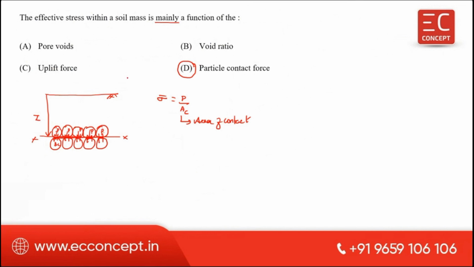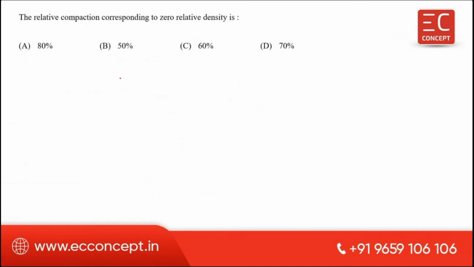Now the next question is very interesting. The relative compaction corresponding to zero relative density. First of all, what is relative density? This definition they may ask you in upcoming examinations.